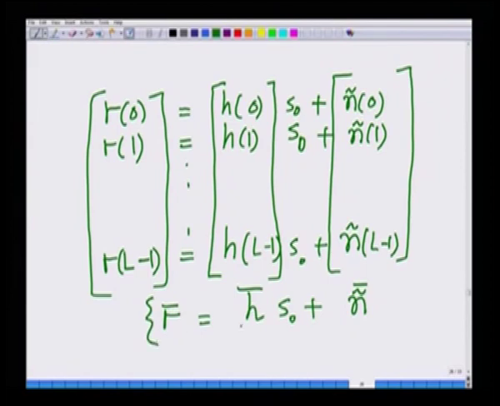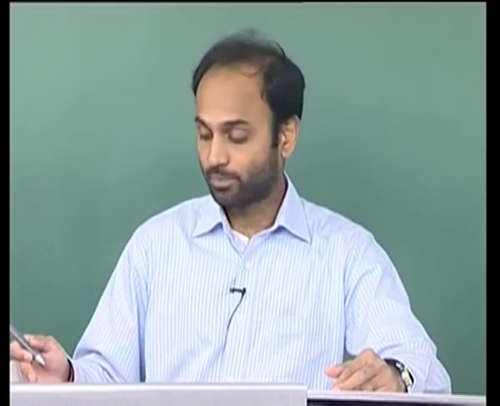Look at this, we have seen a similar system in the case when we had multiple receive antennas. Now, we have multiple paths which we are able to isolate thanks to the RAKE receiver. All right.